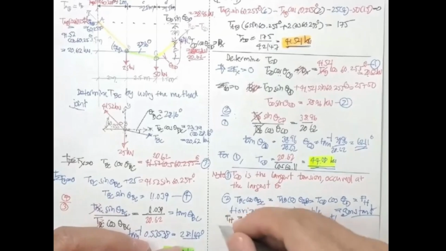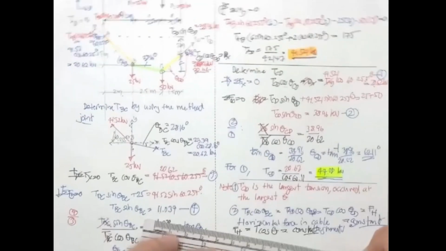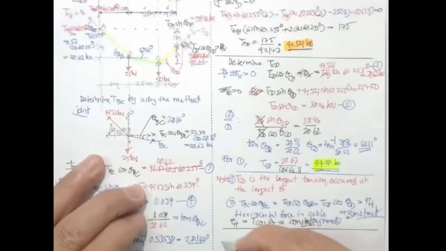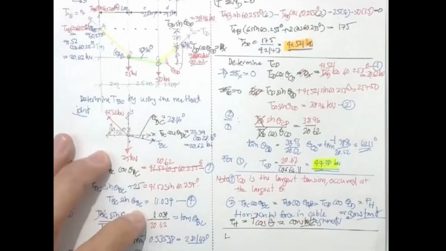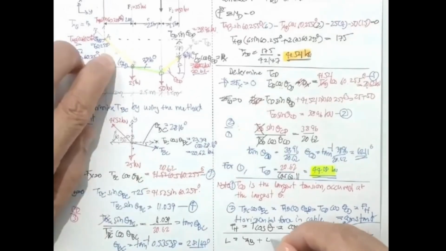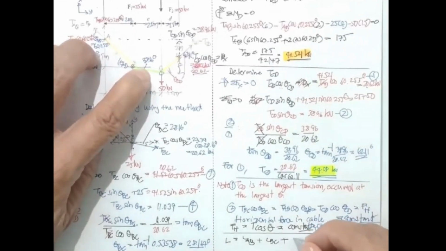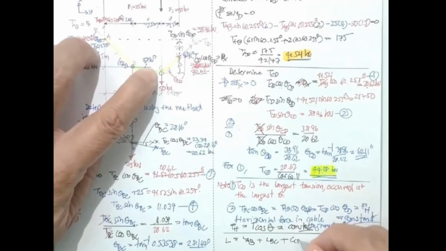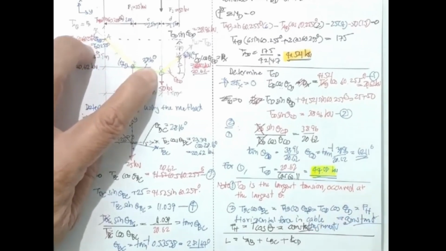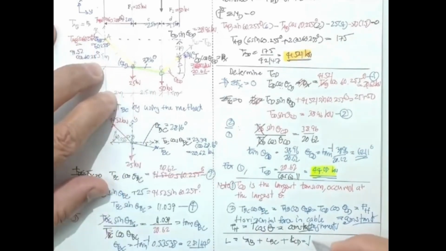Now, let me move to the next work. Next, we're going to determine the length L. L is going to be L sub AB plus L sub BC plus L sub CD. By this one, you may say, Ajahn, it's really easy. This one is going to be the square root of 3.5 squared plus 2 squared.